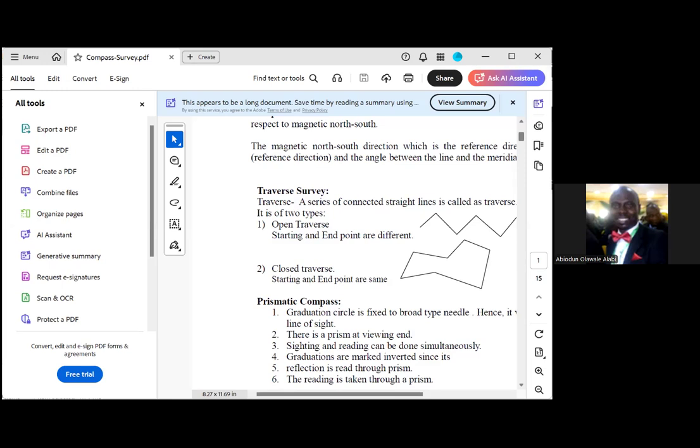You have to sit down and do a simple computation or calculation before you arrive at the magnitude of that distance, unlike the use of tape or chain, where you get the magnitude of your length directly from them.